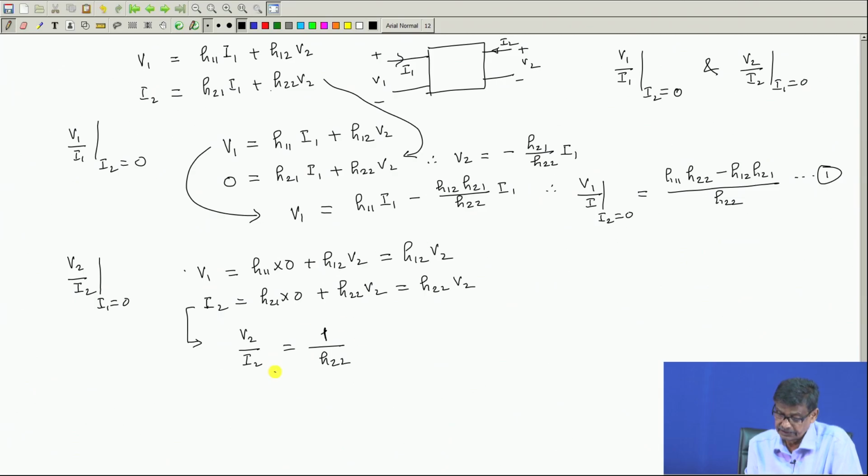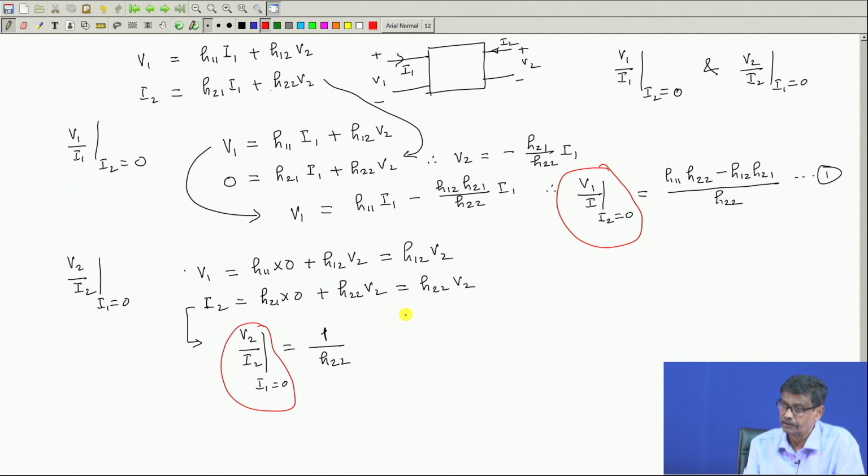Therefore, this is with I1 equal to 0, and I know that for this two port network to be symmetric, this ratio and this ratio must be equal.